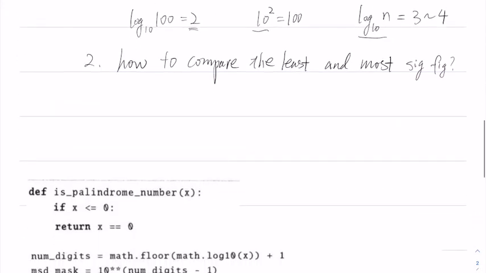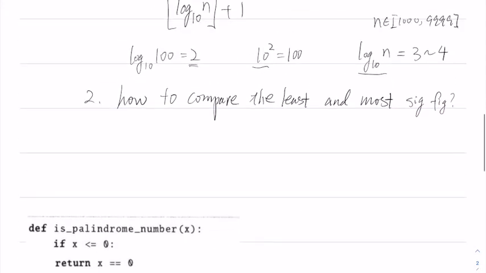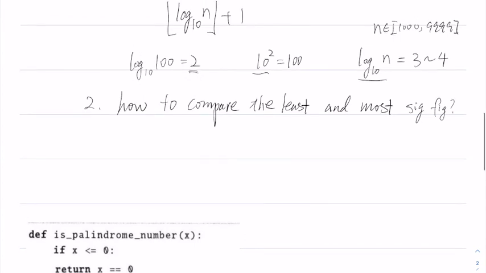So this solves our problem of how many times the loop is going to run. The next problem we're going to deal with is that we have to compare the least and most significant figures. How are we going to do that? In the previous problem, we figured out we could use modulo 10 to extract the least significant figure, which is the rightmost in a decimal number.